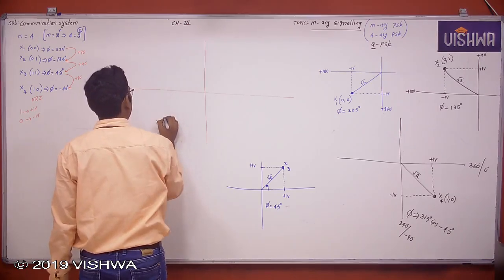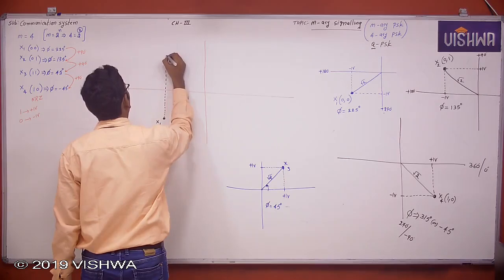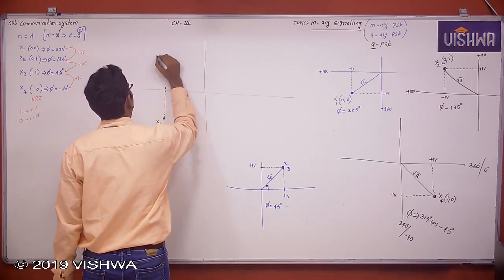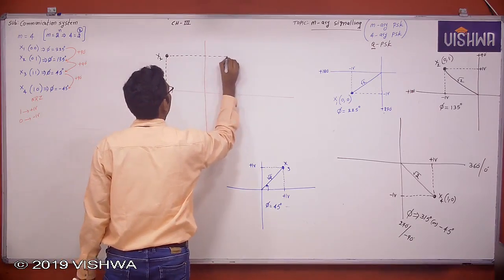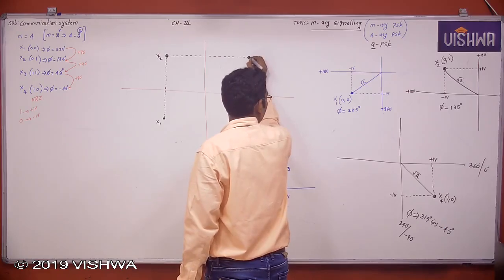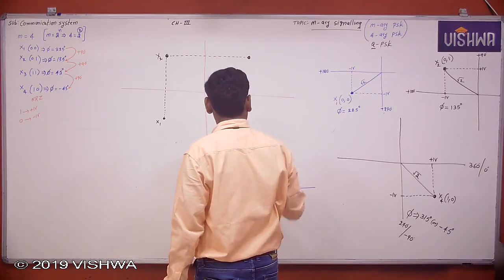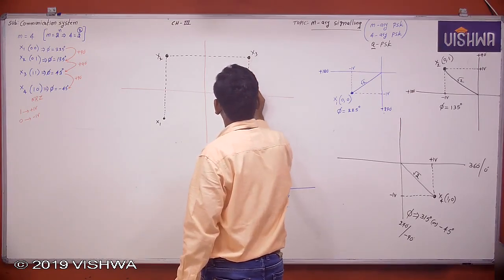This is the second symbol, X2. This is the third symbol. This is the fourth symbol.